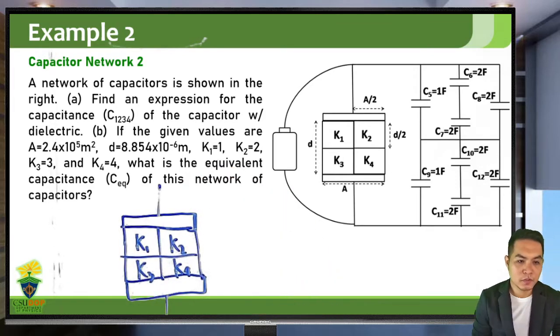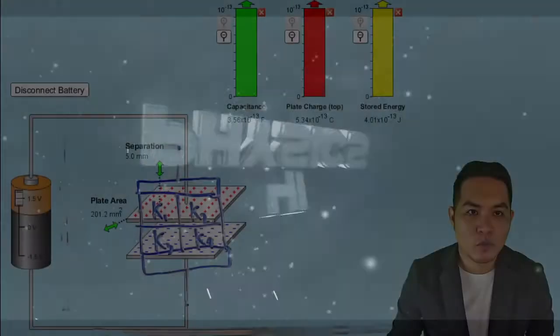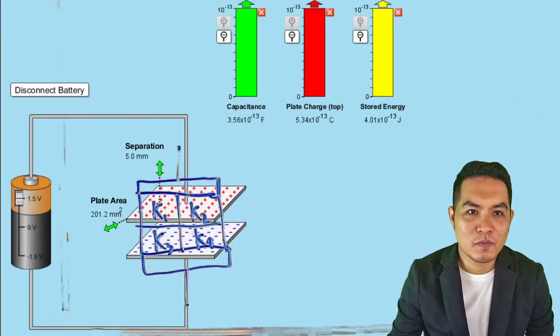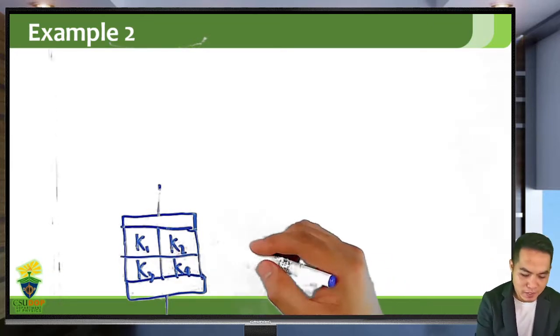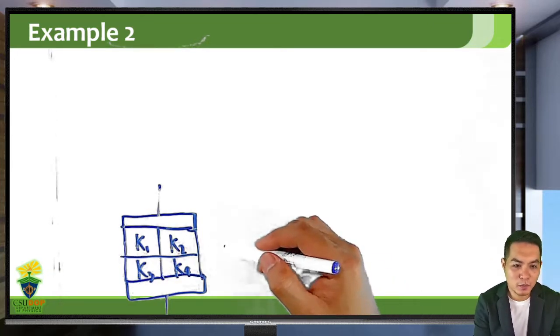Okay. So how do you decode this capacitor? So I'm just going to go to my, sorry, notes view. This is my notes here. So this is our capacitor. How do we decode this?